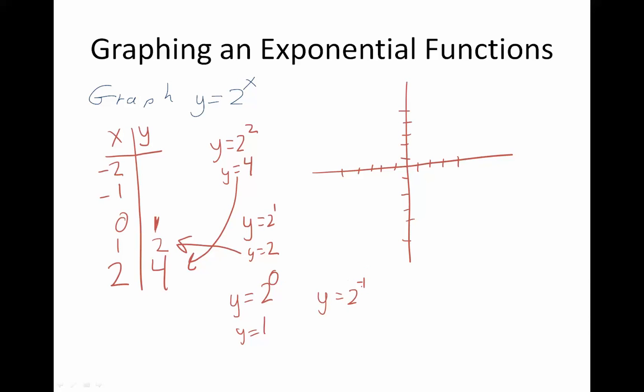Negative exponents, remember, create a reciprocal. So this is y equals 1/2. And finally, let's do 2 to the negative 2. Remember, negative exponents create a reciprocal. So this is y equals 1/2 squared, which is the same thing as 1/4.